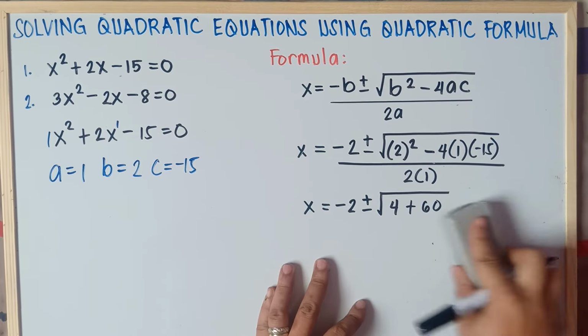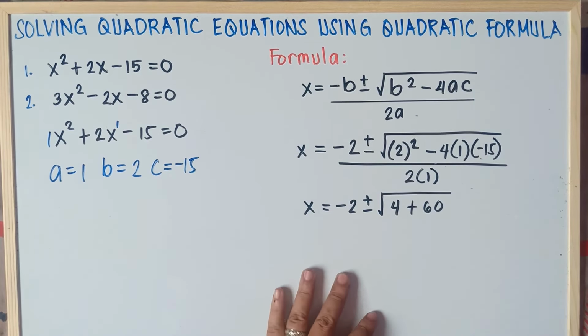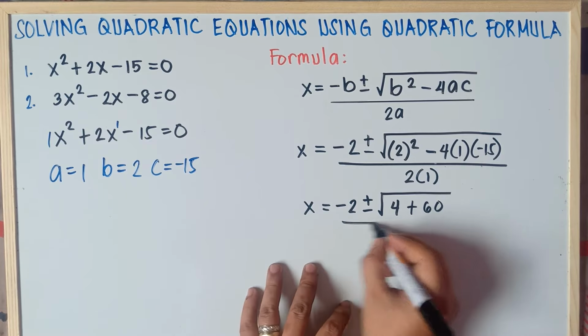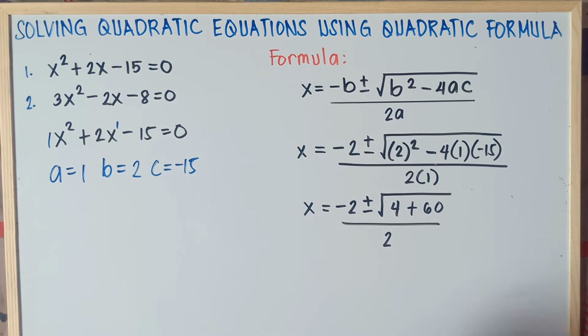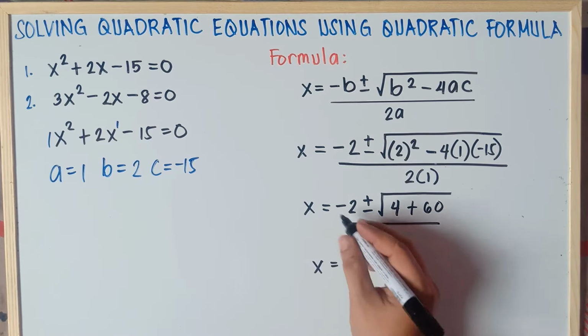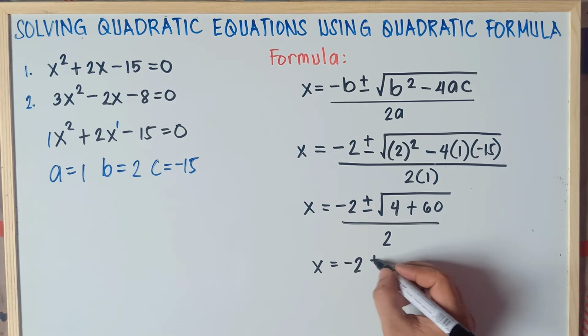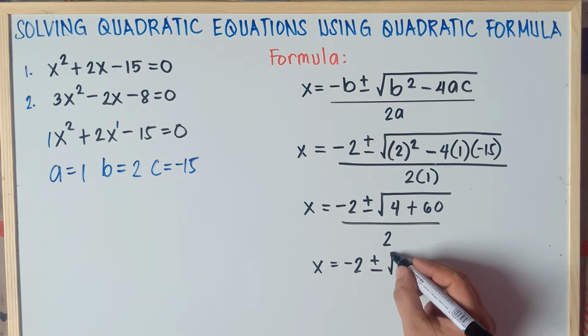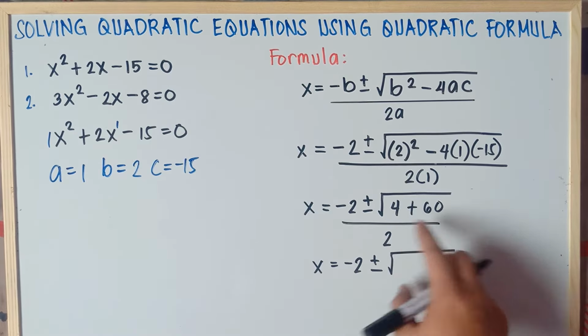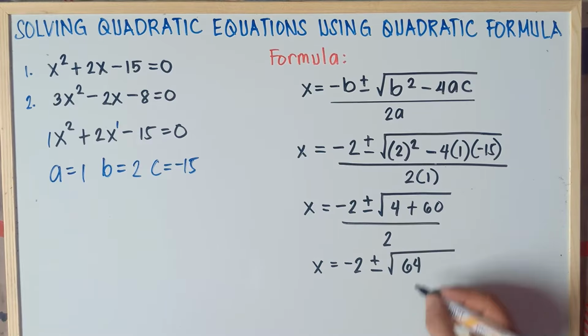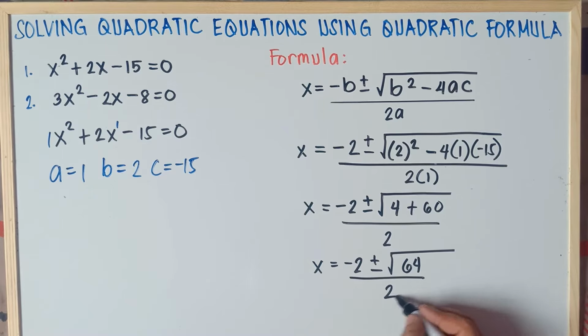Alright, and then, once again, that's positive 60, all over 2 times 1, that is 2. So this will be x equals negative 2, plus or minus the square root of 4 plus 60, that would be 64, all over 2.